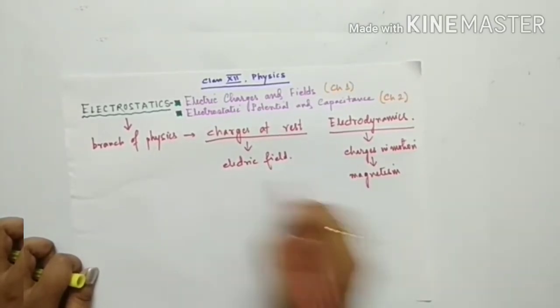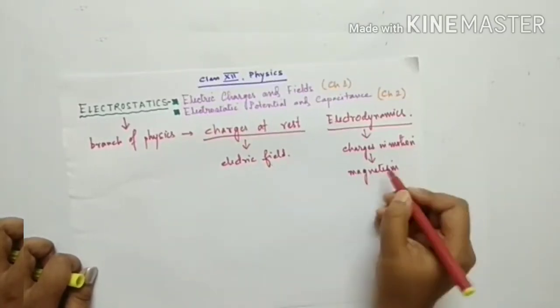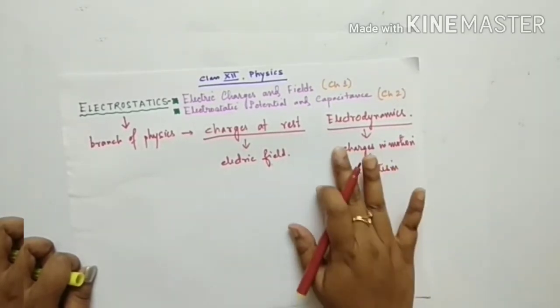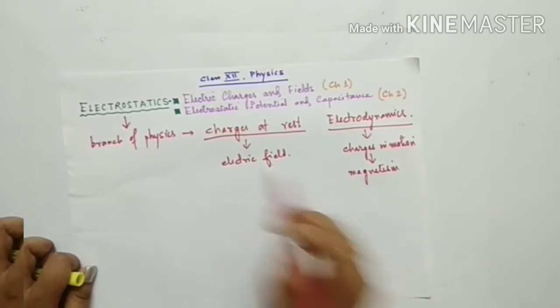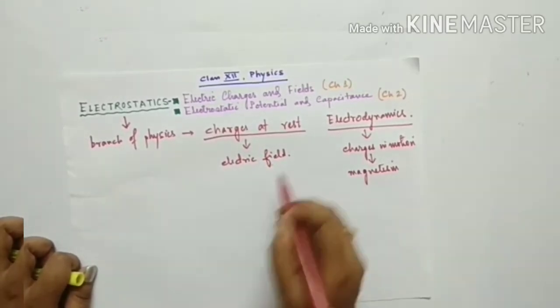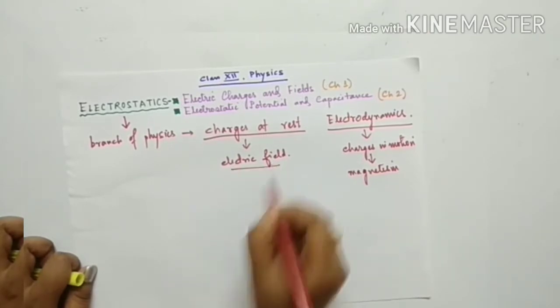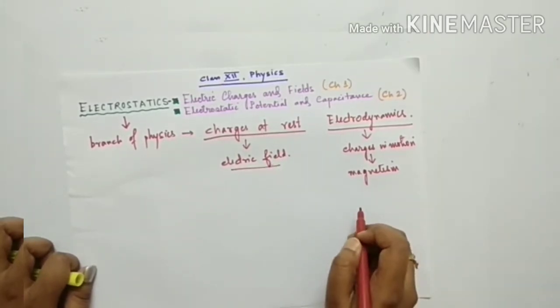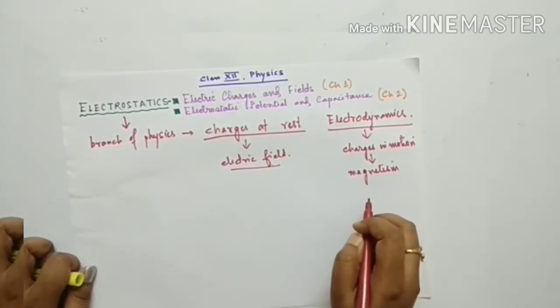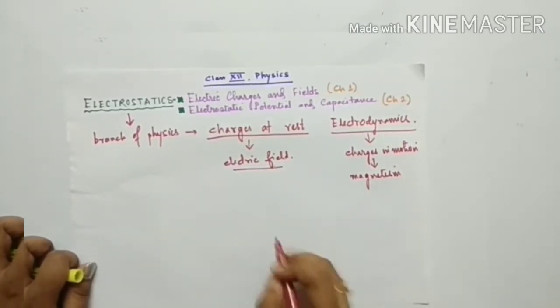Or it deals with electromagnetism. We shall deal with this later. So charges at rest will always develop only electric field. Remember this. Now, before going to electric field, let us understand what is charge.